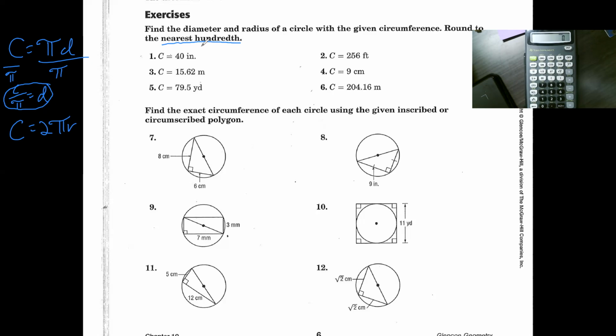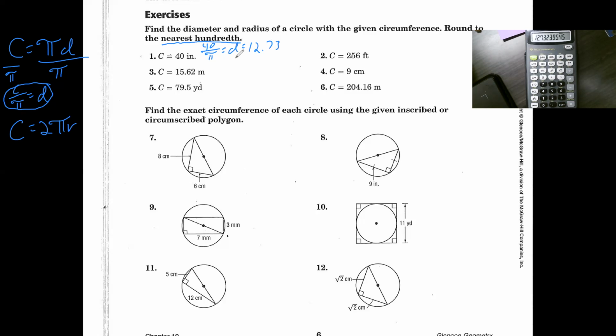All right. So on the first one, all we're actually doing is 40 divided by pi, and that's going to give us our diameter. So what's our diameter on this one? Well, 40 divided by pi is, again, you gotta make sure you hit equals, 12.73.